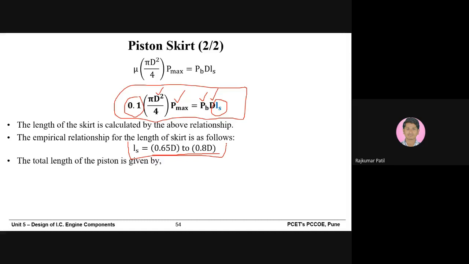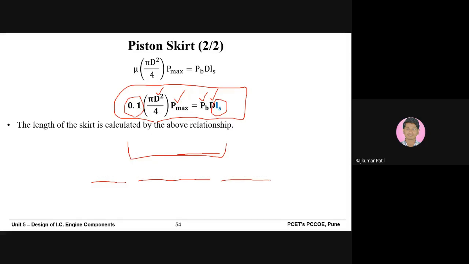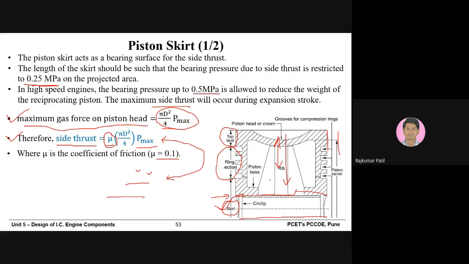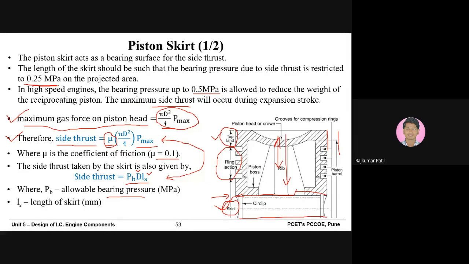Then the total length of the piston is given by top length plus length of ring section plus length of skirt. If you add these three lengths, you will get total length. So here you can see top length plus ring section plus skirt.